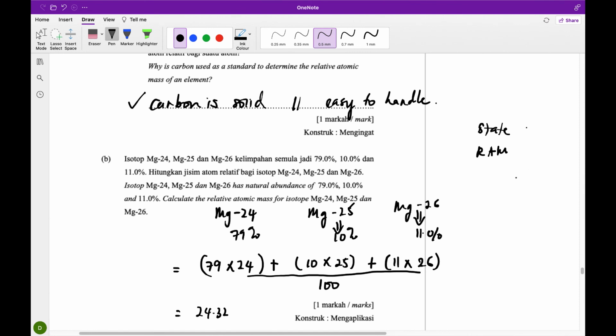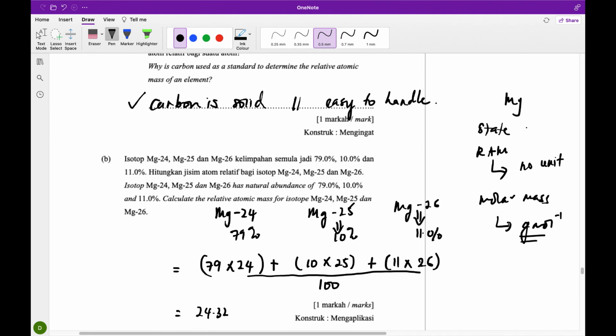If the question asks you to state the relative atomic mass, there is no unit. But if they ask for molar mass, then it is compulsory for you all to state the unit, which is gram per mole. Clear? For example, for magnesium, which is 24, the molar mass will be 24 gram per mole.